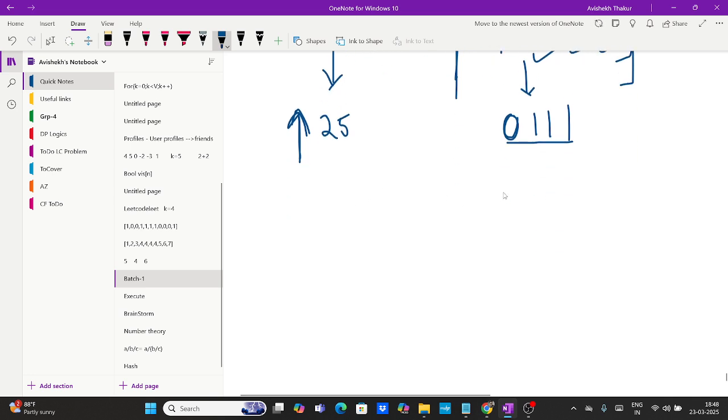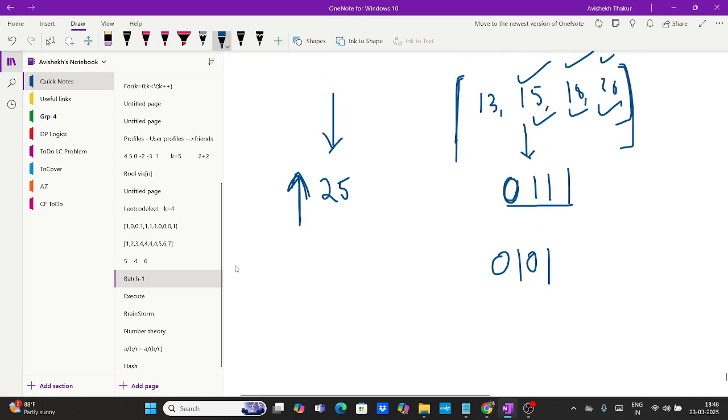Now tell me this: how much should I increment 12 such that it is divisible by 15 and 20? Write it on paper and tell me.